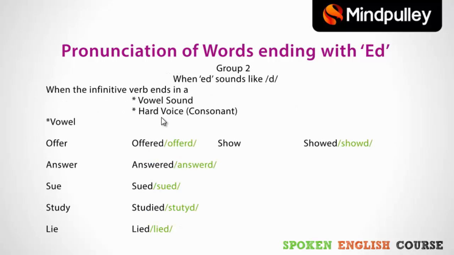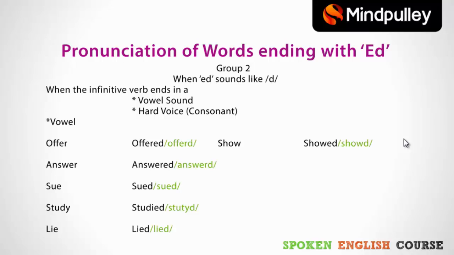This happens in two cases, when the infinitive verbs end in a vowel sound and hard or voiced consonant. Let's look at some examples of vowel sound. Offered, answered, showed, studied, liked, showed.